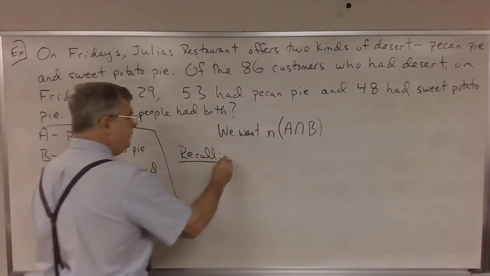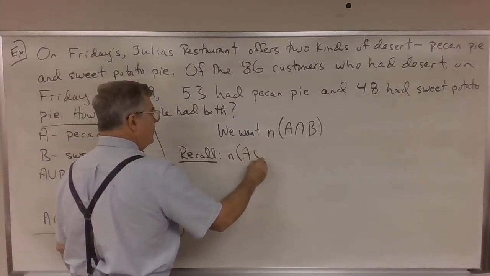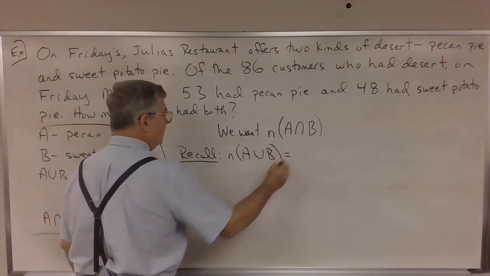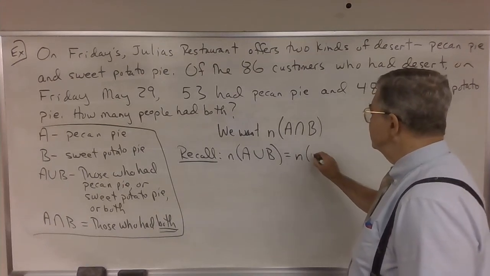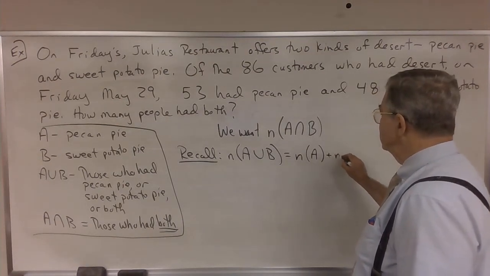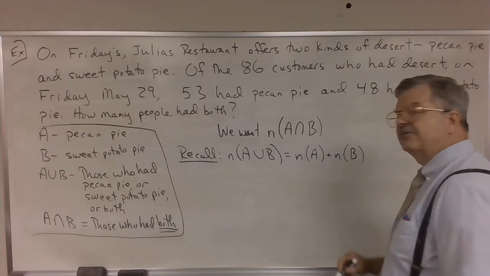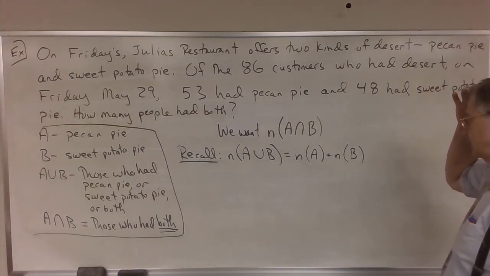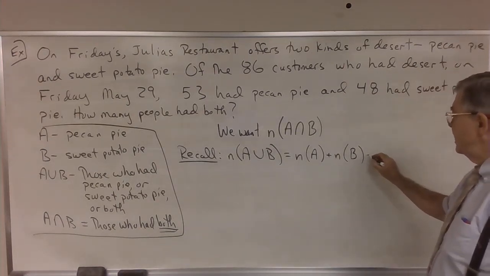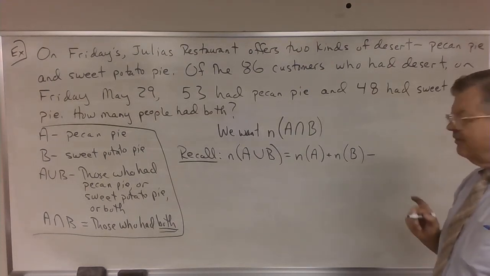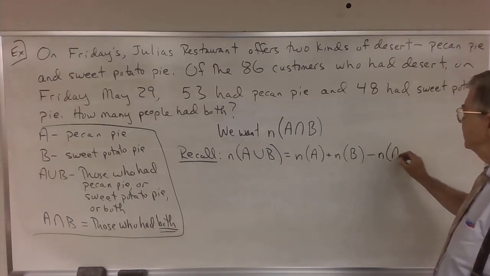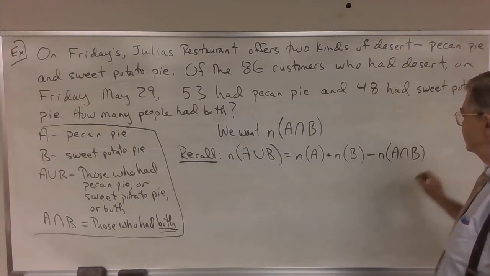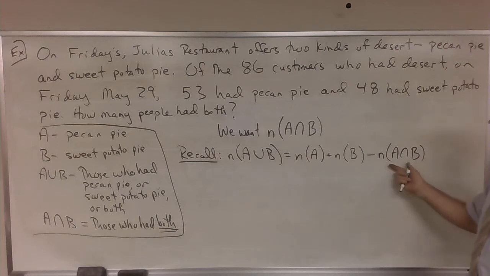The number of elements in A union B is equal to the number of elements in set A plus the number of elements in set B. And then we have to have our correction term, minus the number of people in A intersect B. And oddly enough, this is exactly what we want.